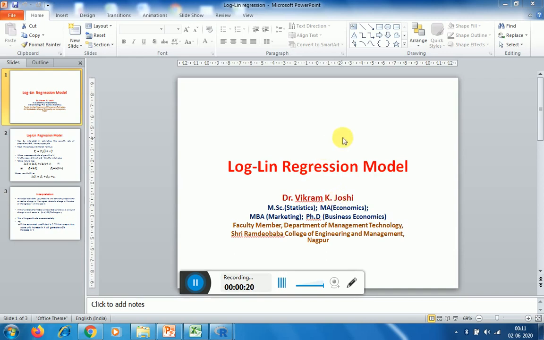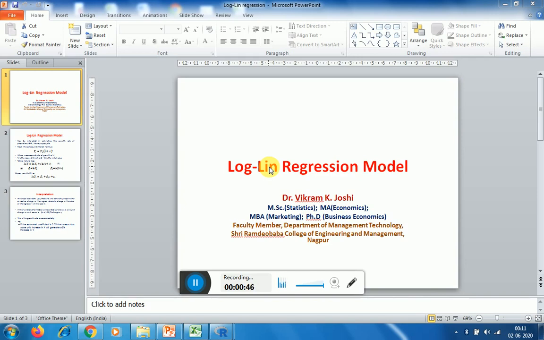Now, the name log linear regression model itself indicates that when we are taking a regression equation or a regression model, the left hand side variable is the logarithmic variable and the right hand side variable is the linear variable or simple variable.